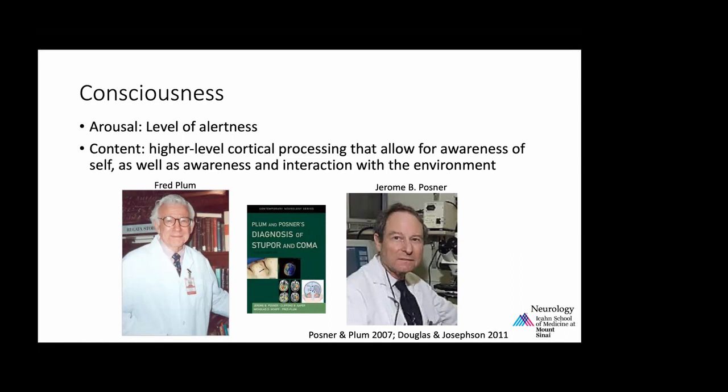So arousal is the level of alertness, the content is the higher level cortical processing that allows us to be aware of ourselves and then aware of the environment and interact with the environment. So you can be altered on either of those fronts.